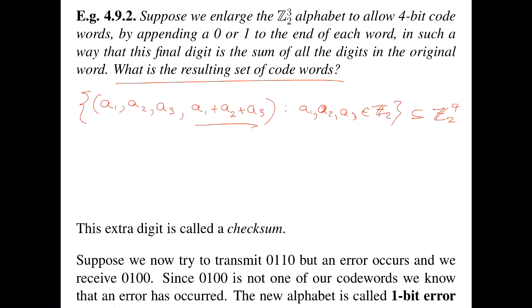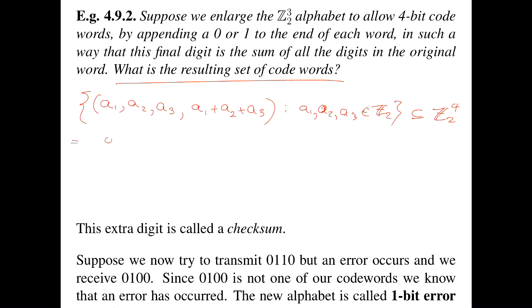And how many elements are in this subset? It's not 16, because the fourth bit is completely fixed. It's 8. I can choose the first, second and third entries to be whatever I like, but then the fourth entry is fixed. So this is a subset of Z_2^4 that has the same size as Z_2^3. I can picture the first three entries as my code word, and this fourth bit as just some way of telling whether an error happened.